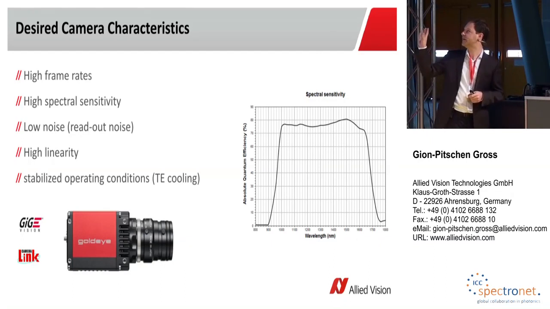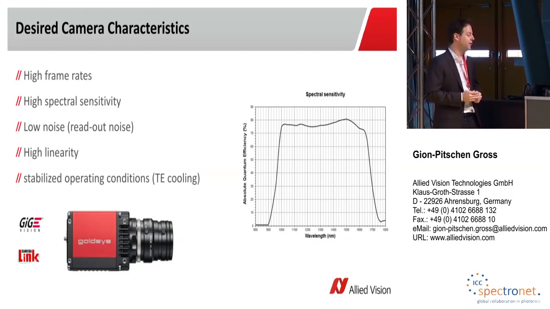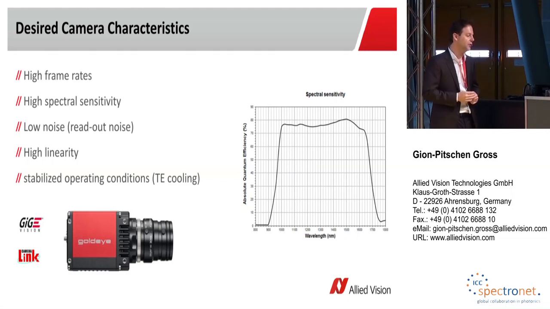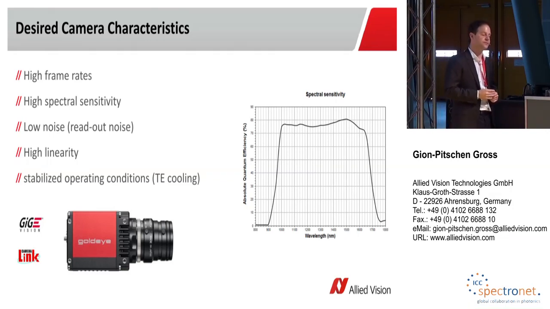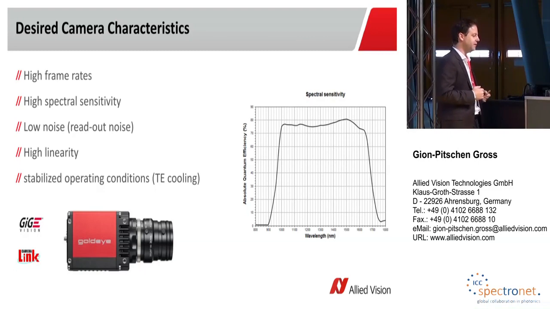On the right side, you can see a spectral curve of our Gold Eye cameras. And we see that it has a very high sensitivity over the whole spectral range. Another important characteristic to be able to distinguish even the smallest signals is that we have low noise in the camera and also high linearity.